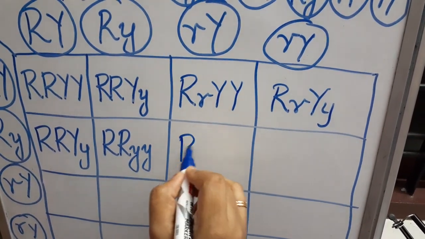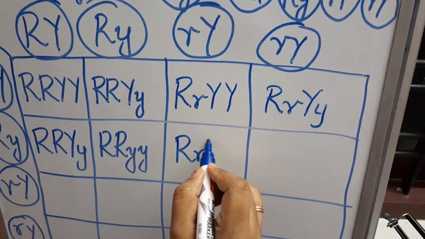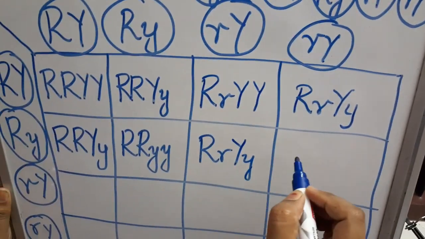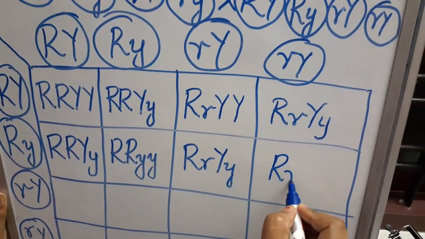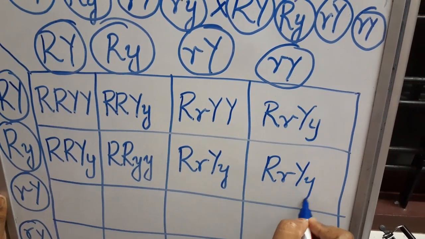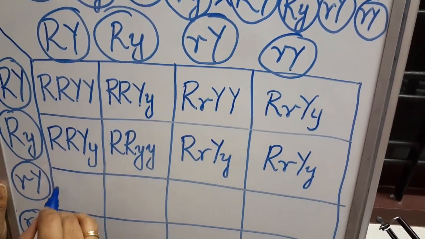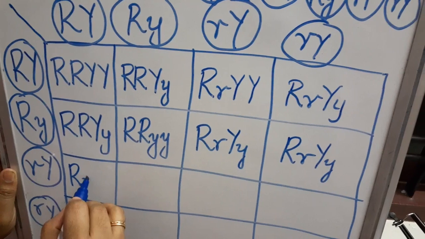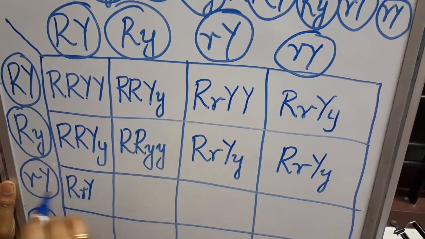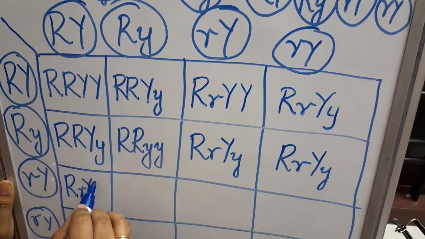The next one capital R, capital Y, small y, capital R, capital Y, small y. This one capital R, capital Y, and then small y.